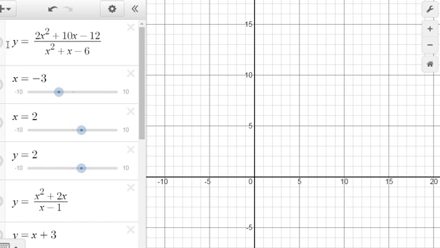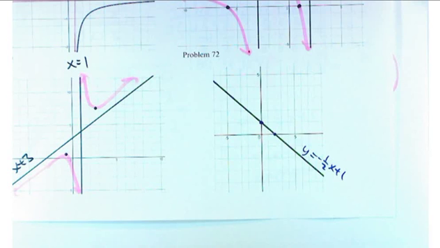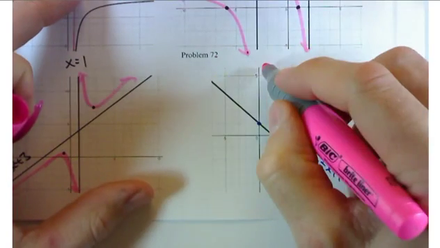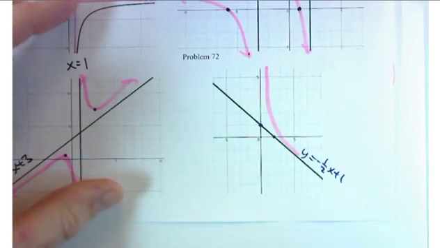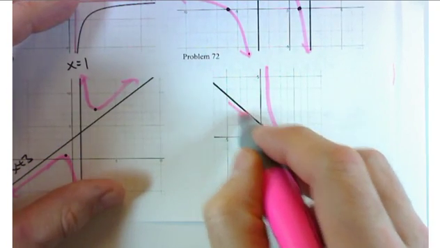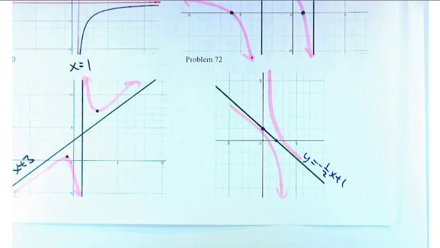And I think I have that one graphed. Yeah, down here. So there's your graph. So it's going to look kind of like this, and then like that as well. And I think I accidentally crossed over a vertical asymptote, but that's all right.